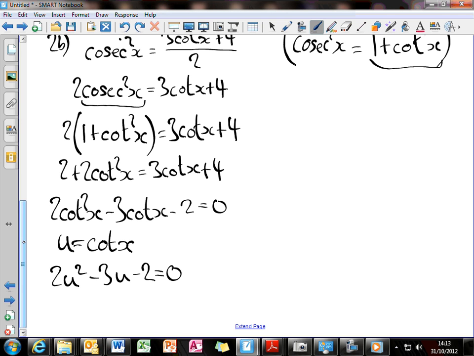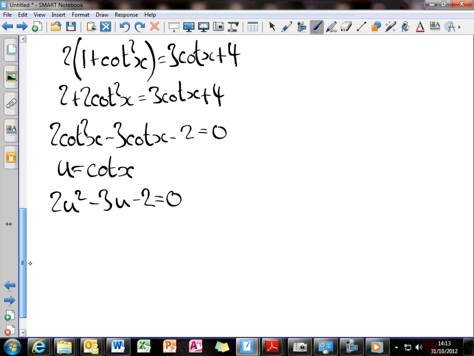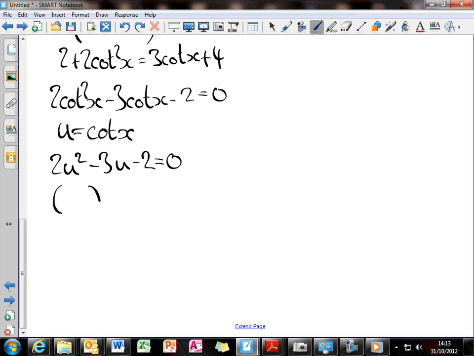Okay, and then we want to solve this quadratic equation, so we're going to try and factorise it. And you look at it for a little bit, and it should factorise to 2u plus 1 and u minus 2 equals 0.